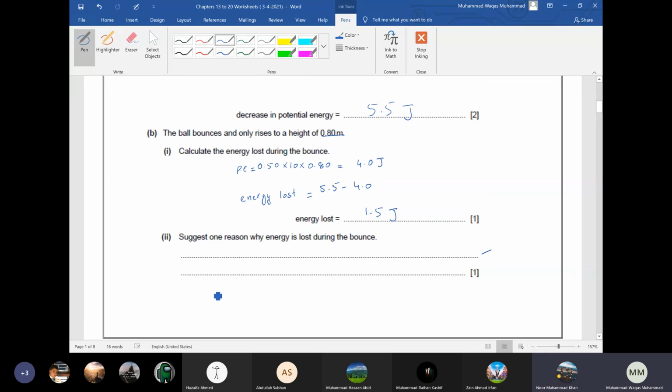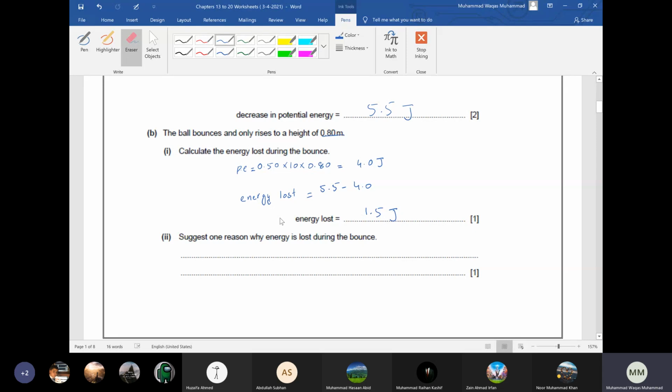Beta, suggest a reason why the energy is lost during the bounce. Sir, it is converted to other types of energy like heat energy. Yeah, beta, but you have to be specific. Sometimes if you write converted into other forms of energy, that's a very vague answer and you will not get the marks for that.